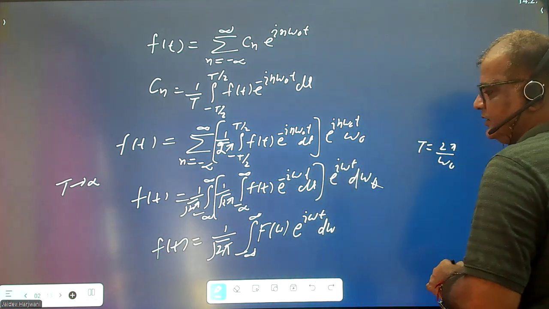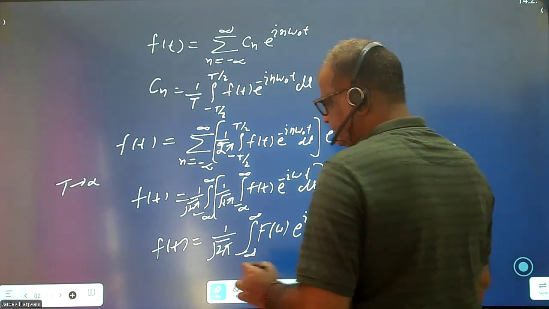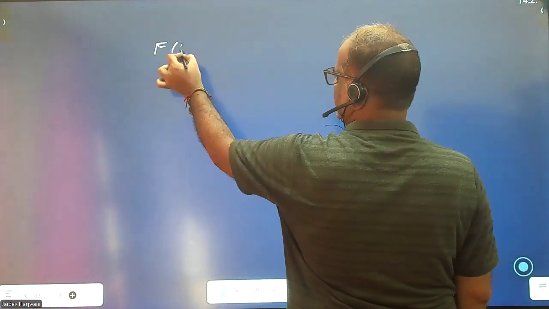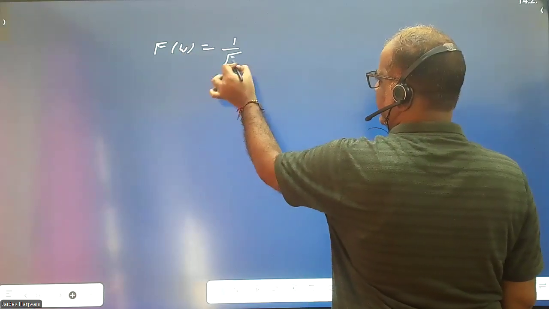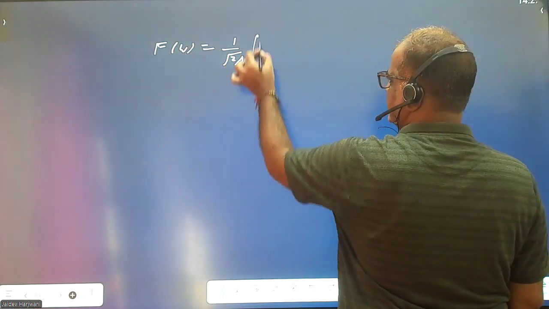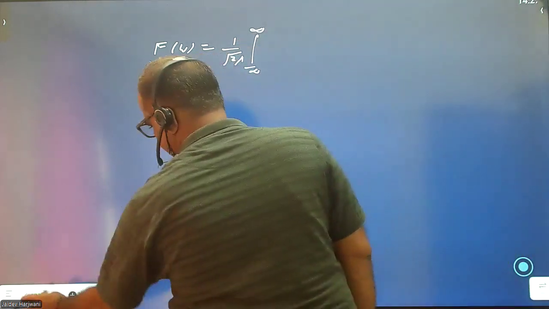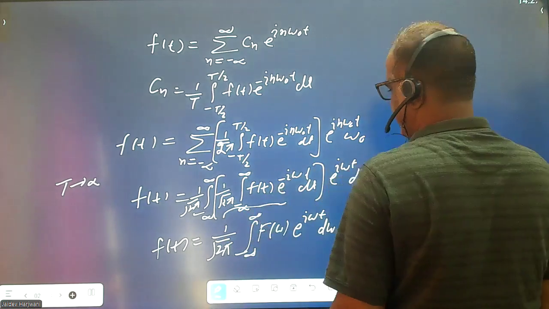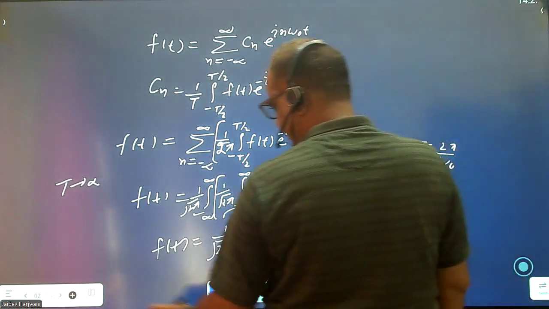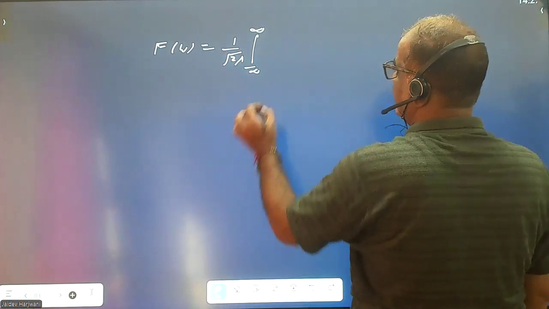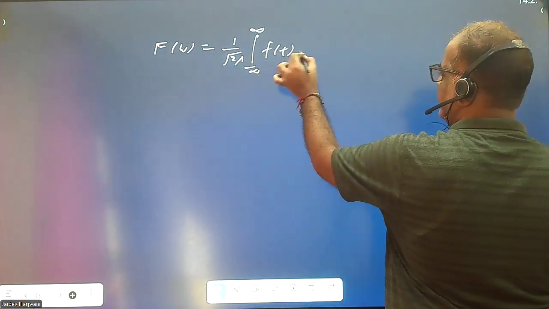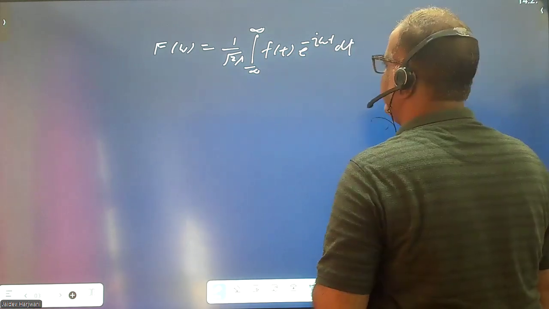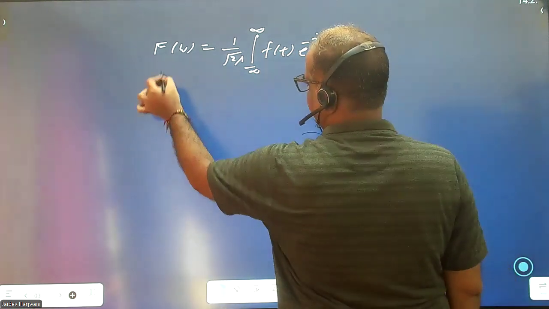So now my F(omega) becomes 1 upon root 2 pi, the integral from minus infinity to infinity. What is my F(omega)? That is 1 upon root 2 pi, the integral of f(t) e power minus i omega t dt. This is called the Fourier transform.